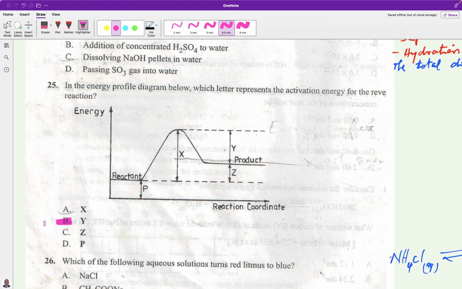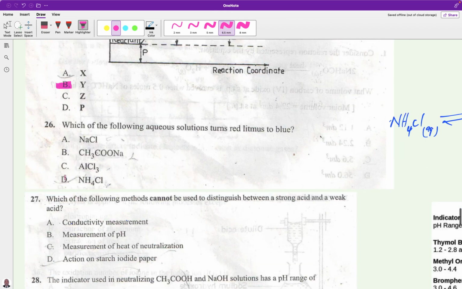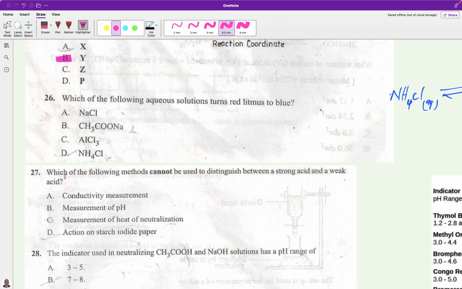Okay, question 26. Which of the following aqueous solutions turns red litmus to blue? In aqueous solution, that is, if this is dissolved in water and you put a red litmus paper there, it turns the red litmus paper to blue.